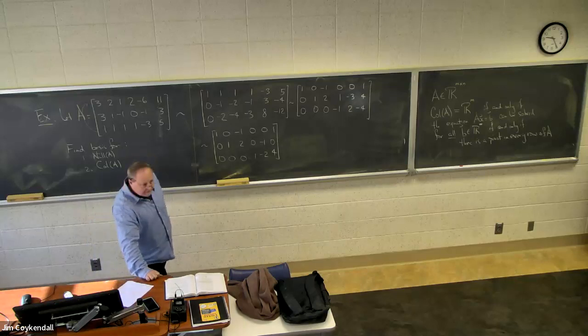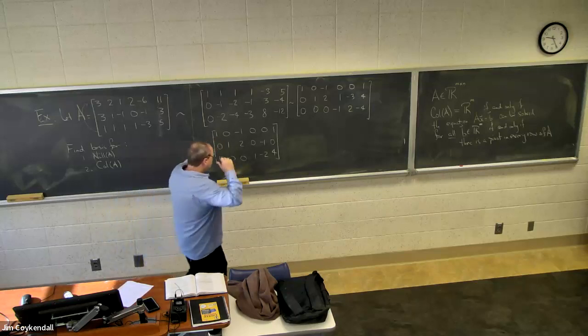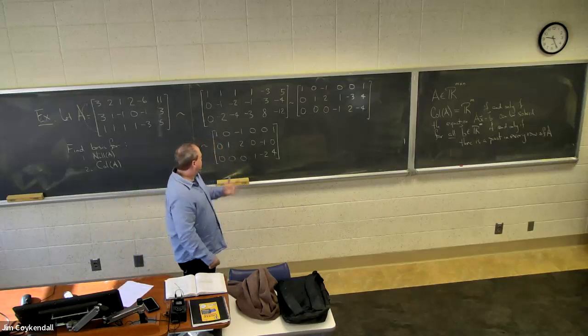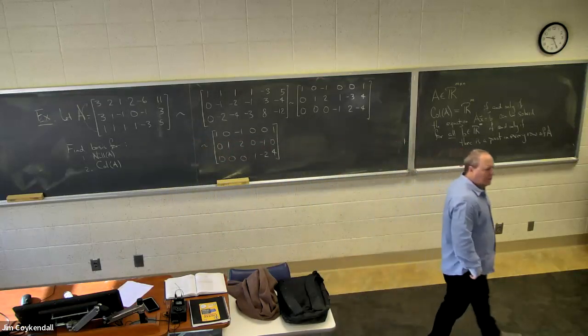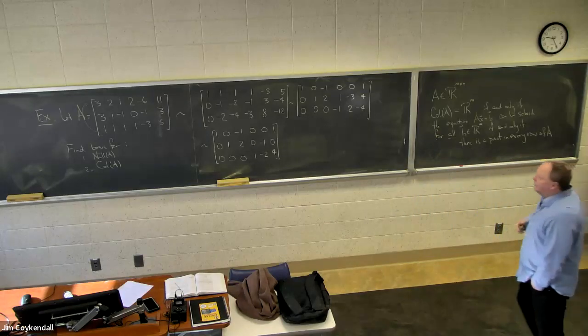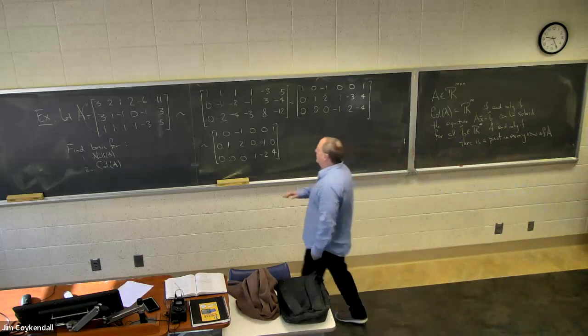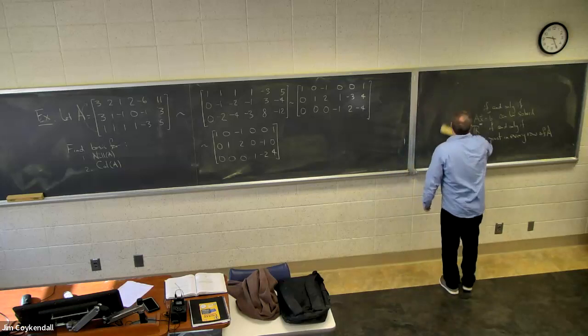Okay. Any questions on that? All right, I'm all proud of myself because I've put this in reduced row echelon form, but now what? We're trying to do a system of equations. So let's go for the null space first. Let's look at this as a system of equations here.